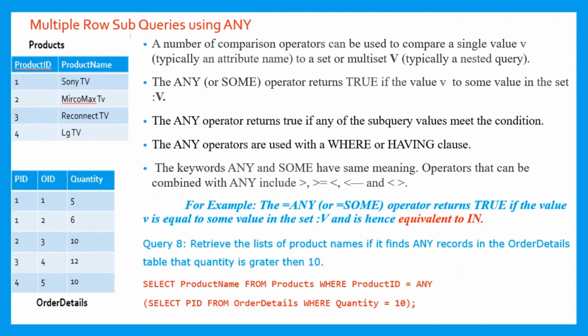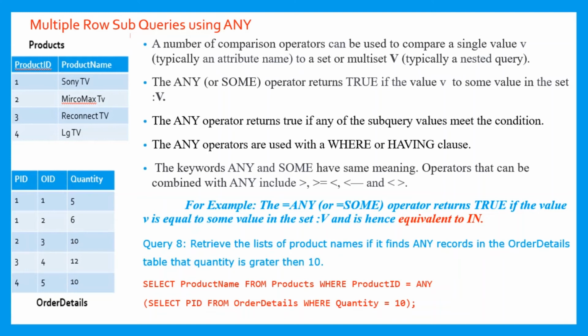ANY operators are used with a WHERE or HAVING clause. The keywords ANY and SOME have the same meaning. The operators that can be combined with ANY are all the relational operators.